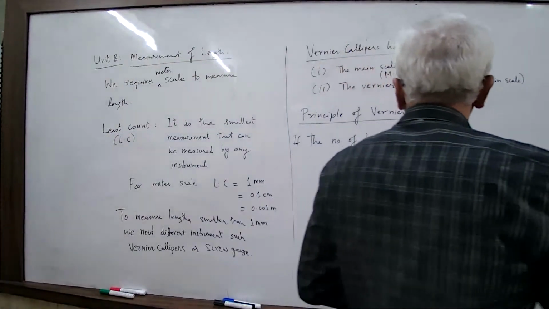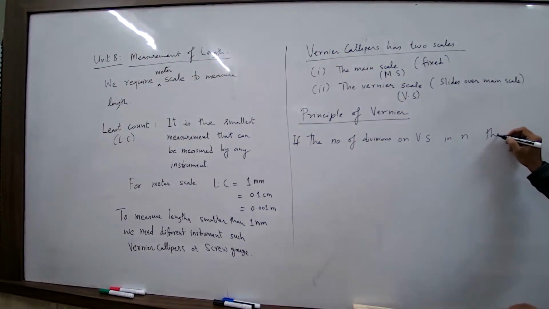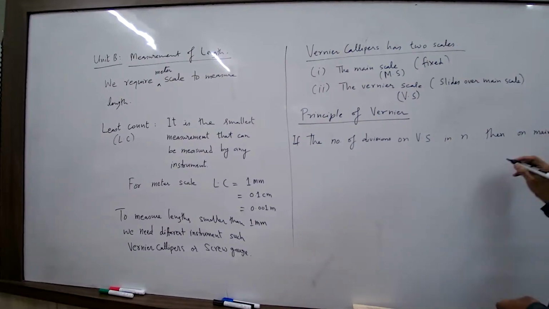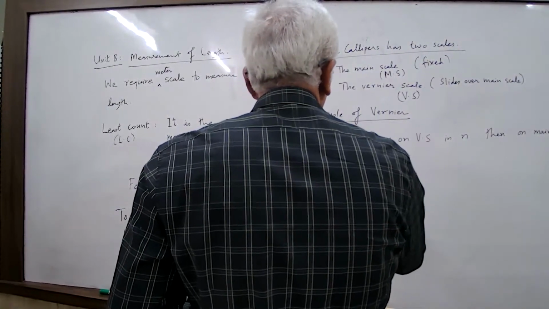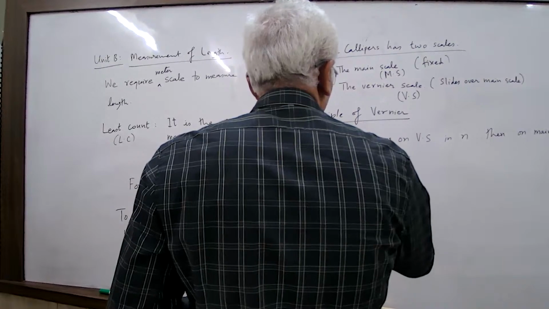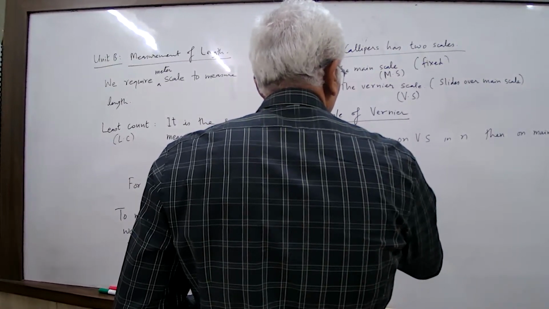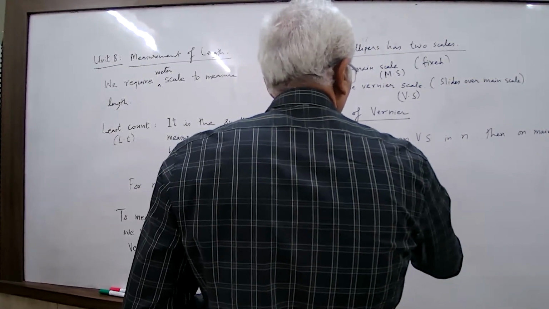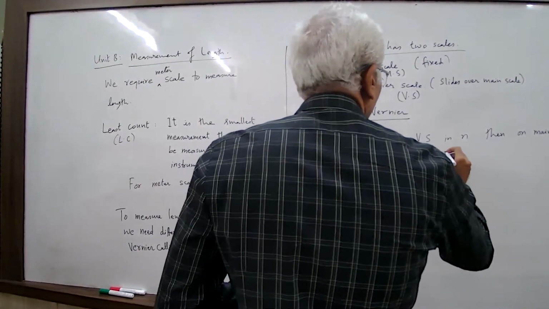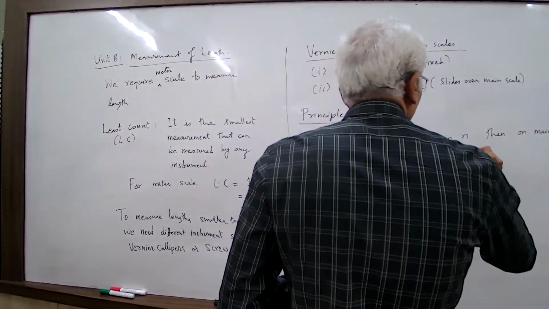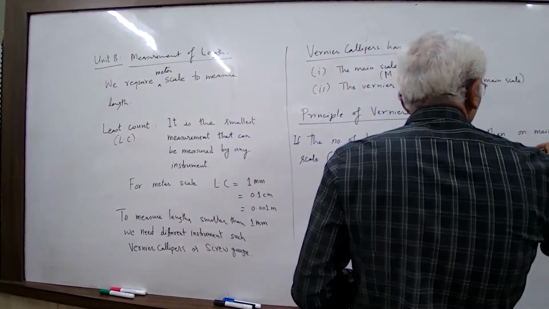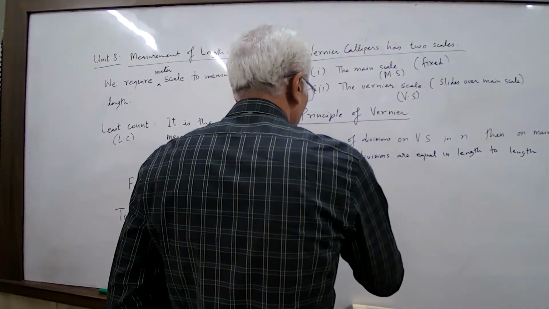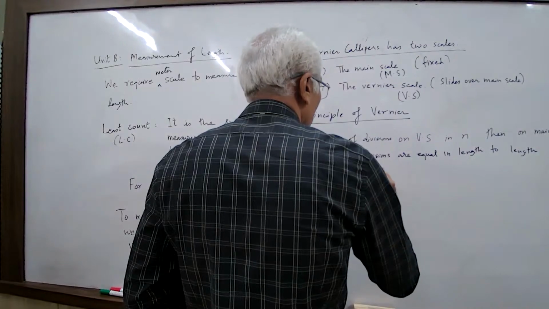So then on the main scale, N minus 1 divisions are equal in length to the length of N divisions on the vernier scale.